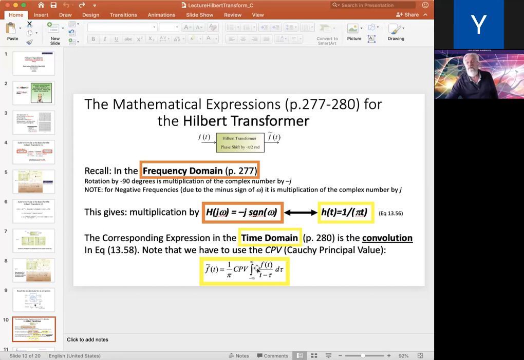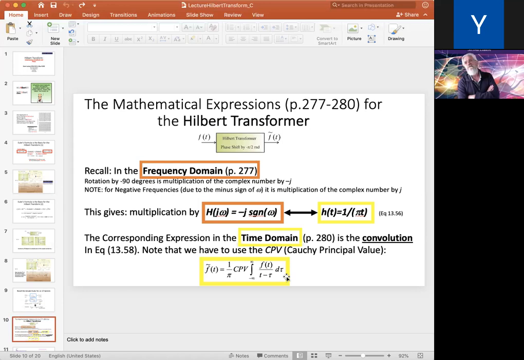And recall that if you do that, you will get this equation. For now, ignore the CPV comment there. Just read around it, and you see 1 over pi, the integral of f(t) divided by t minus tau, d tau, is just the standard equation for the convolution.